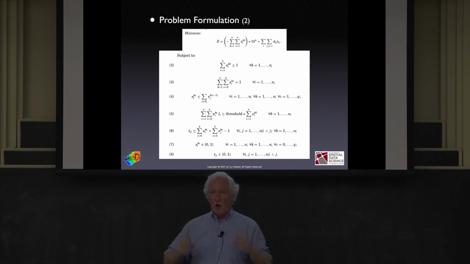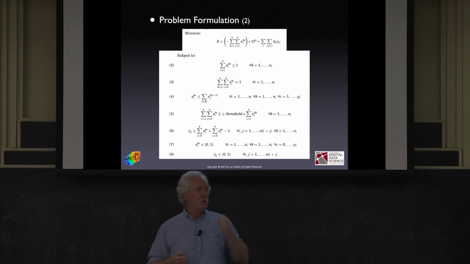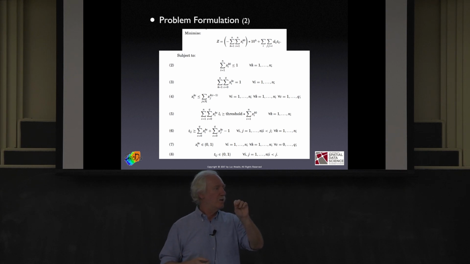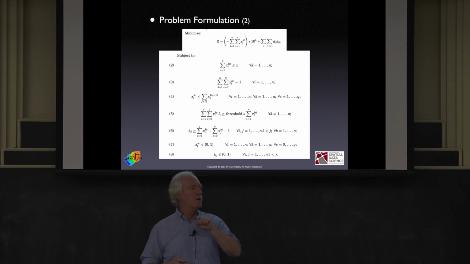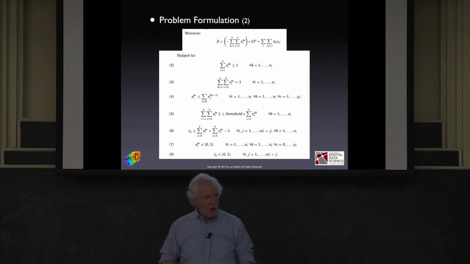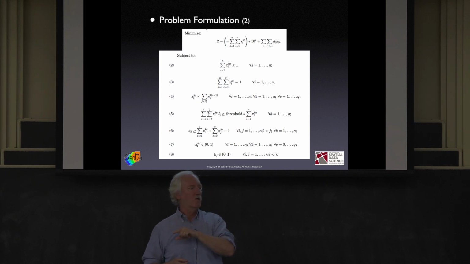Each cluster has one seed. So if you look at all the x_i,k,0 for a given k, and x_i,k,c, which is 0 in this case, can only be 0 or 1, there's only one of those that meets the criterion, right? So you pick location 25 to be the seed for cluster number 1, x_25,k,0 is 1, and x for all the other i's, k0 is 0.